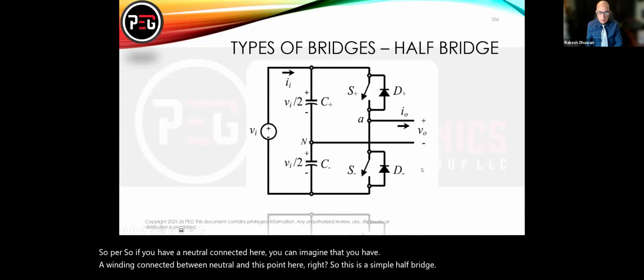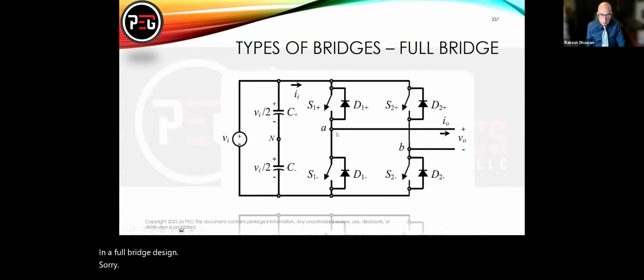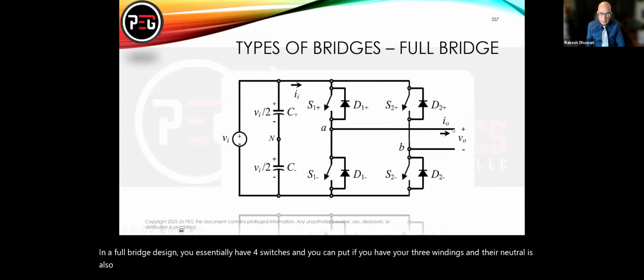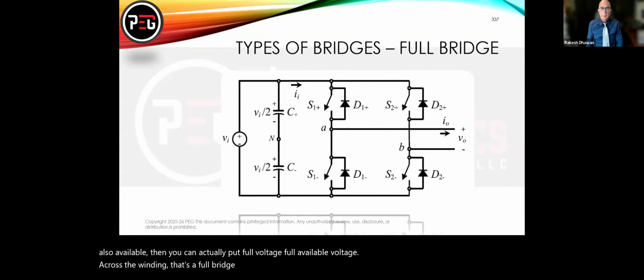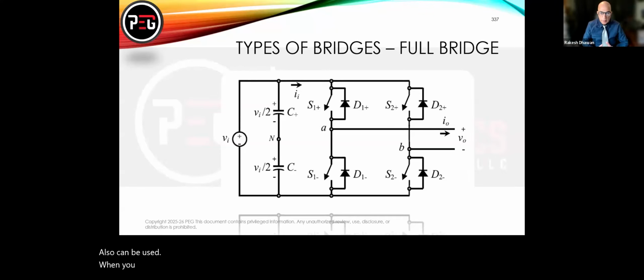In a full bridge design, you essentially have four switches, and if you have your three windings and their neutral is also available, then you can actually put the full available voltage across the winding. That's a full bridge design. So the full bridge design can also be used when you have all the terminals of the winding available.